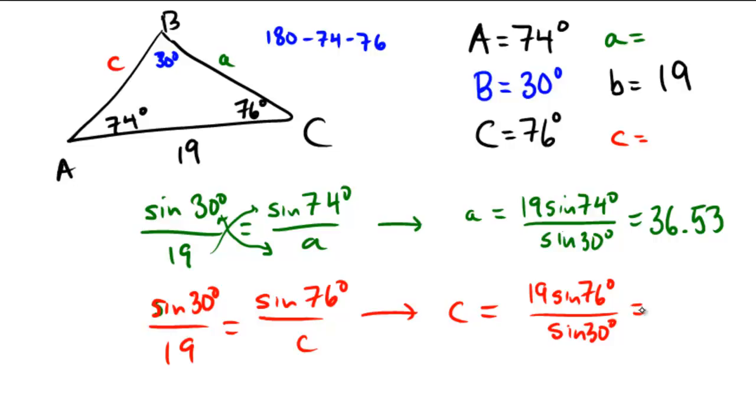And in the trusty calculator, it turns out that this is 19 sine 76 divided by sine of 30. We're expecting close to the same number here. Oh wow, that's really close actually. 36.87. So A was 36.53 and C was 36.87.